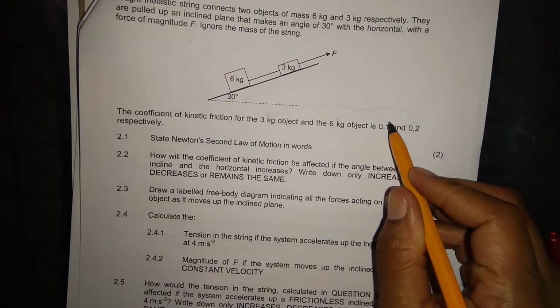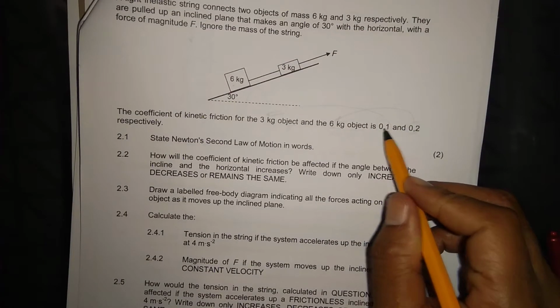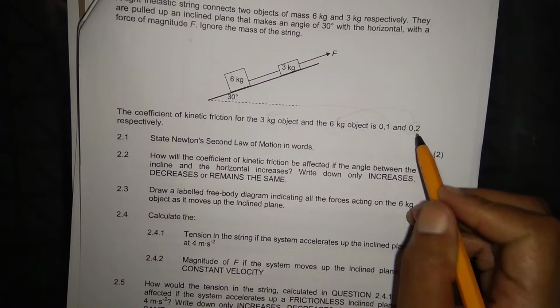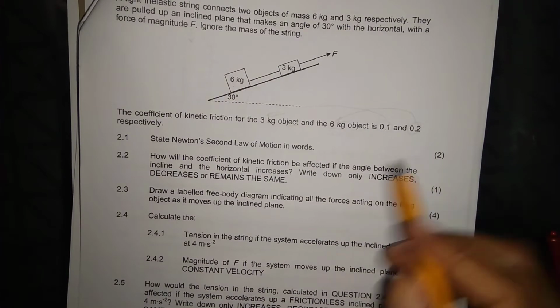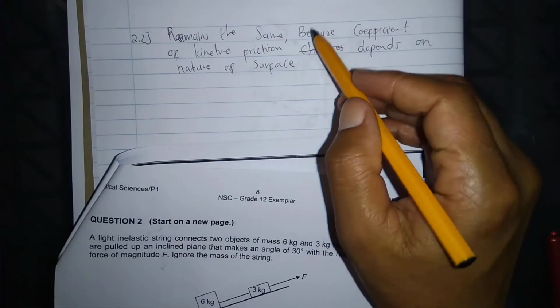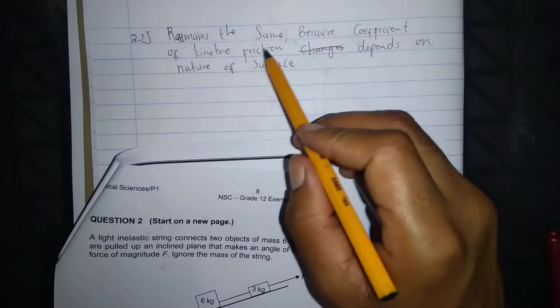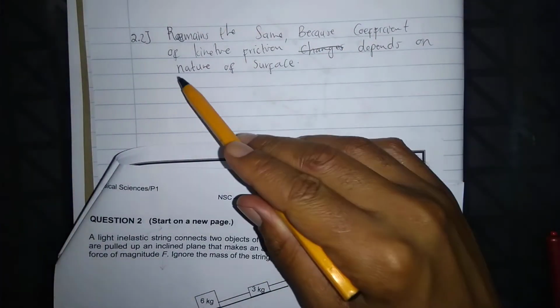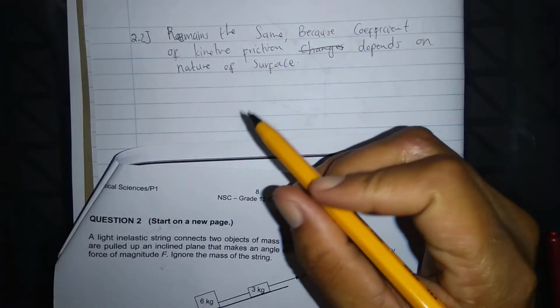So if we remove these objects and place them on a different surface, then that's the only time our coefficient of kinetic friction would change, either increasing or decreasing. But in this case it will remain the same, because the coefficient of kinetic friction depends only on the nature of the surface.